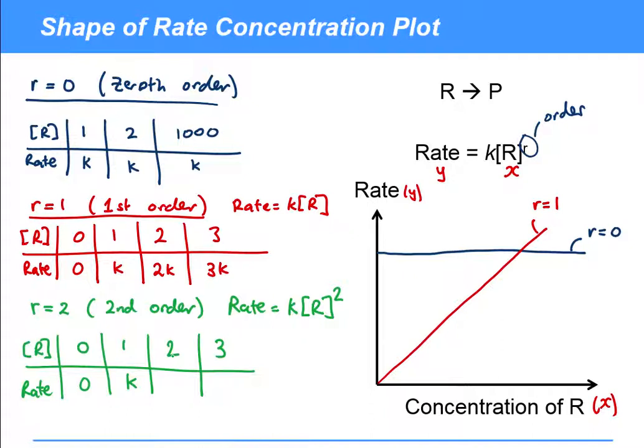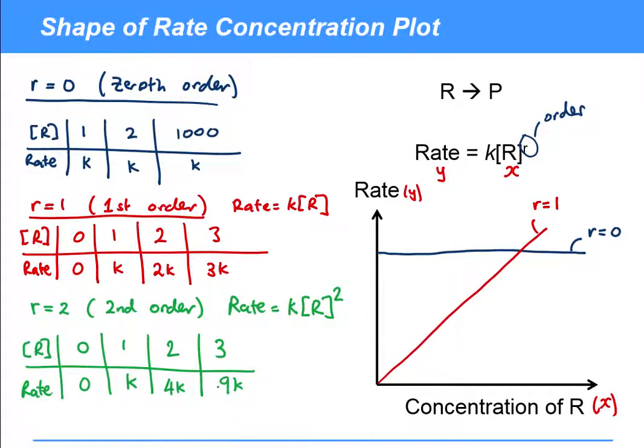2 squared multiplied by K is just going to be 4K, and 3 squared multiplied by K is just going to be 9K. And so if we think about what this is going to look like, then imagine we have a concentration of reactant ranging here up to about 3 there.